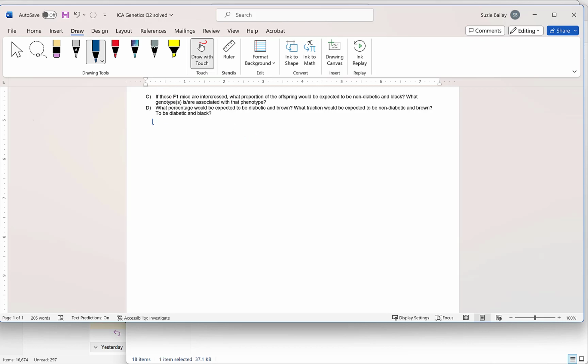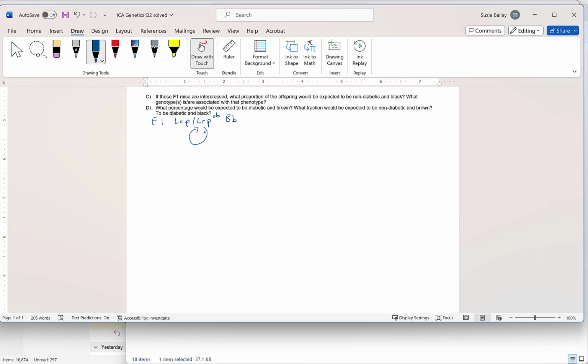So I'm just going to write once again, so we don't lose track of this, what the genotypes of our F1 mice were. So they were heterozygous at both of these genes. And we're intercrossing, so we're taking an F1 mouse, crossing it with another F1 mouse that has the same genotype.